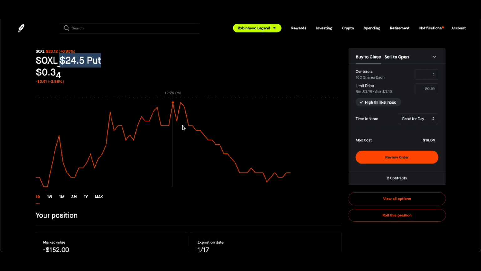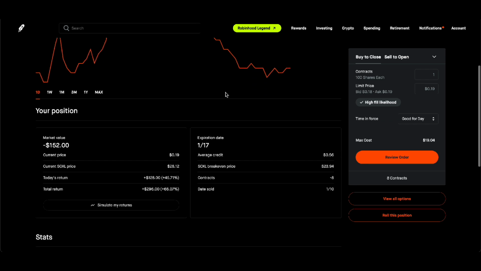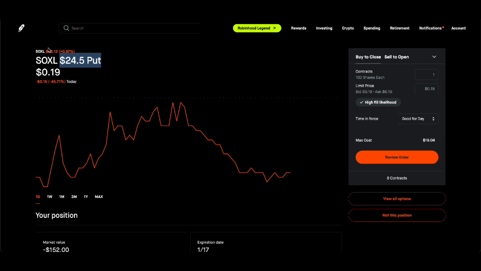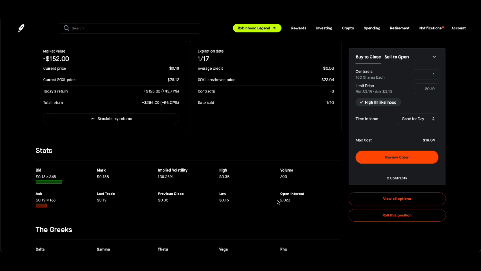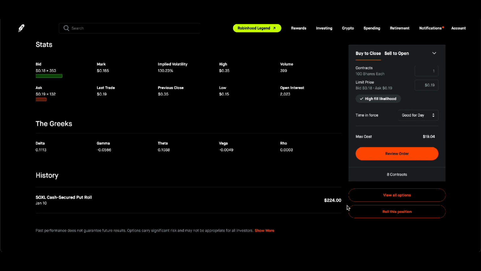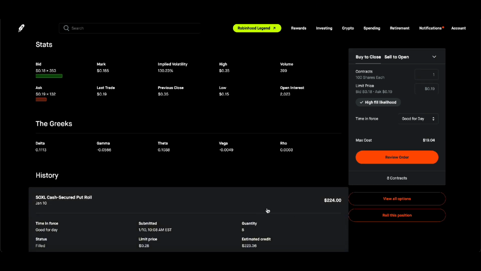So even if we see a pullback from $28, I'm willing to buy 100 shares at $24.50. This is the risk I'm willing to take in order to make the $224 that I generated from 8 contracts.